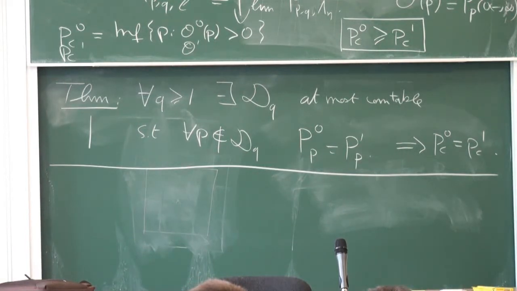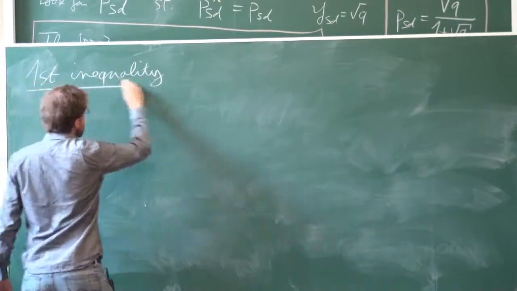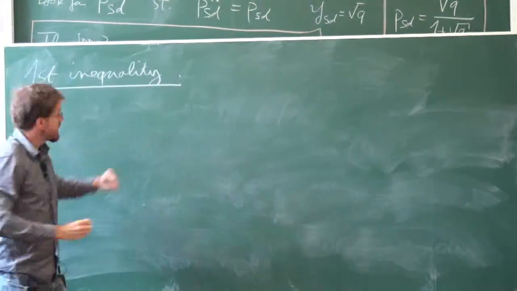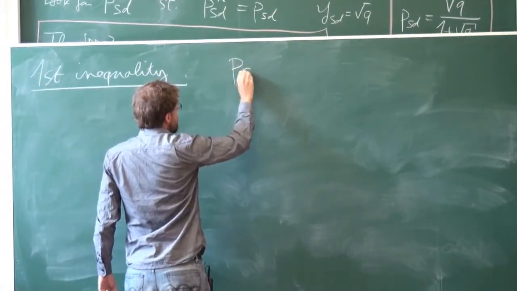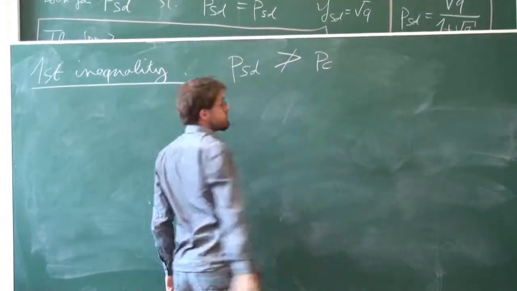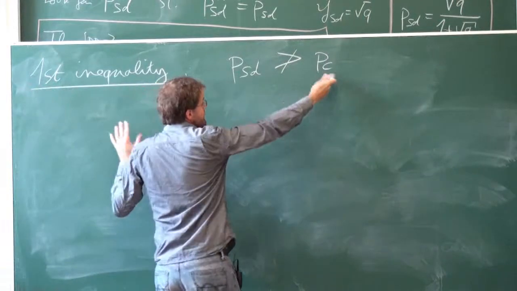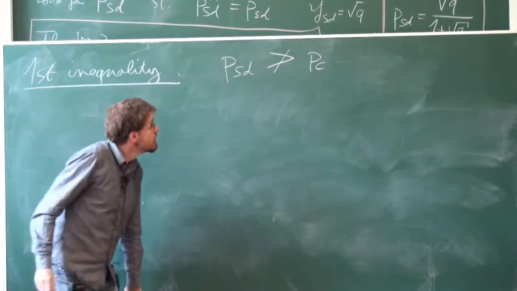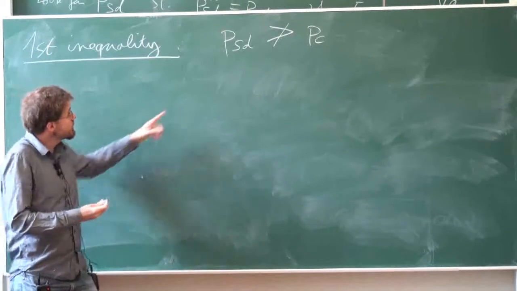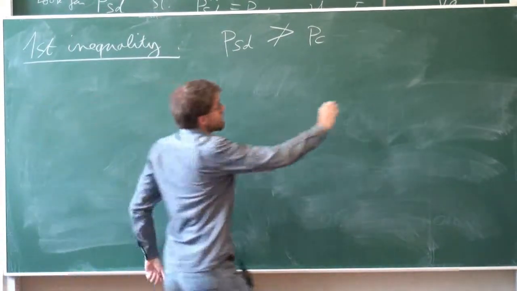So first inequality, which I want to write like this, P self-dual is not strictly larger than PC. So it tells you that PC is at least equal to P self-dual. But since it's a proof by contradiction, I will write it like that. And this is known as Zhang's argument.